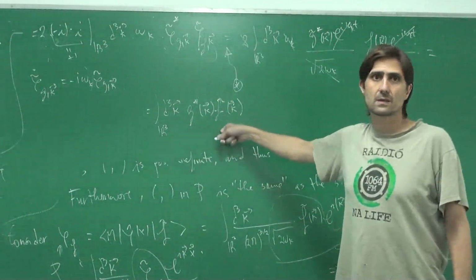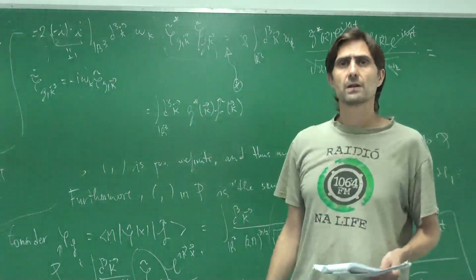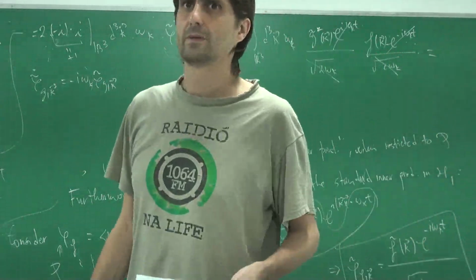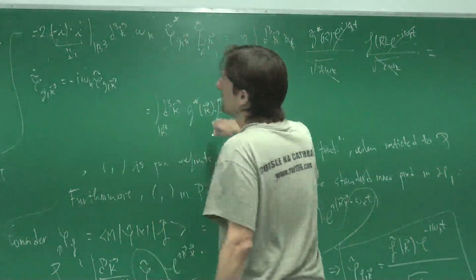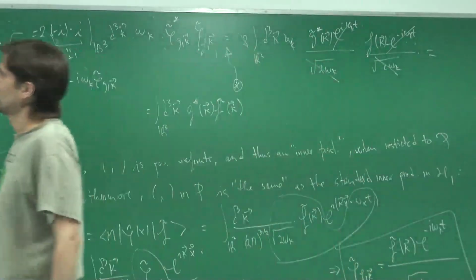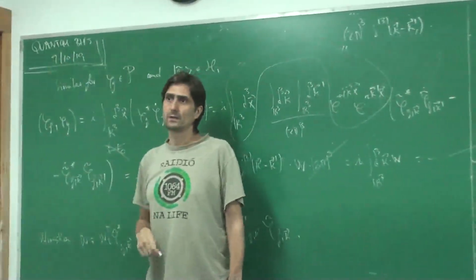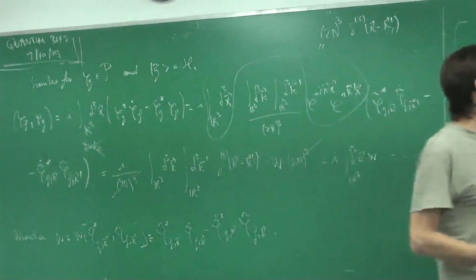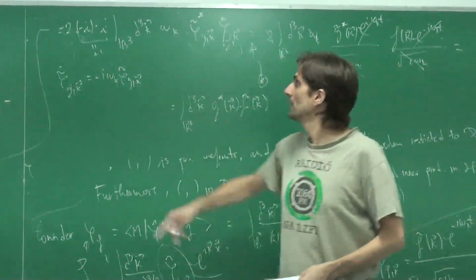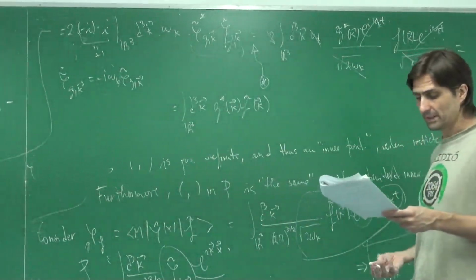What is this? Inner product of what? Yeah, f. So that's right. We started off with the inner product that we define for positive frequency solutions, and we're ending up with the inner product for the one particle states.